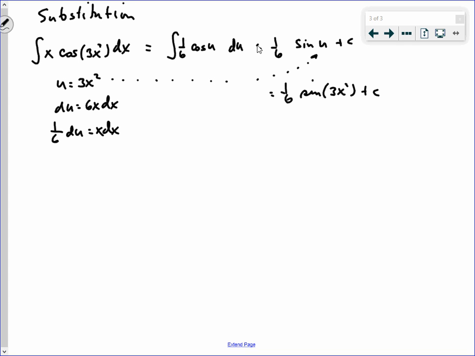Let me do another one just to make sure we got it. This one's a little more interesting: the integral of x times the square root of x plus 4. I think there's maybe two ways to do this.